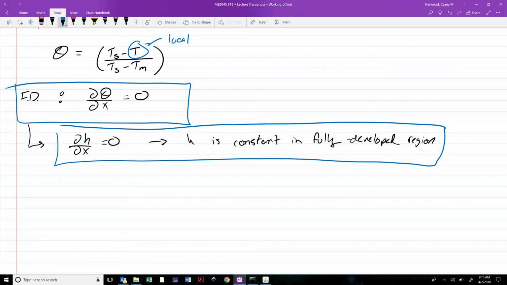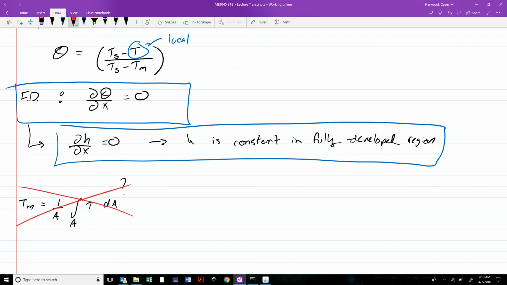We might say, all right, our initial naive approach might be that T sub m would be 1 over A integral over area of temperature dA. That seems like a reasonable way to come up with a mean temperature. This is not it. I want you to put a big X through that.